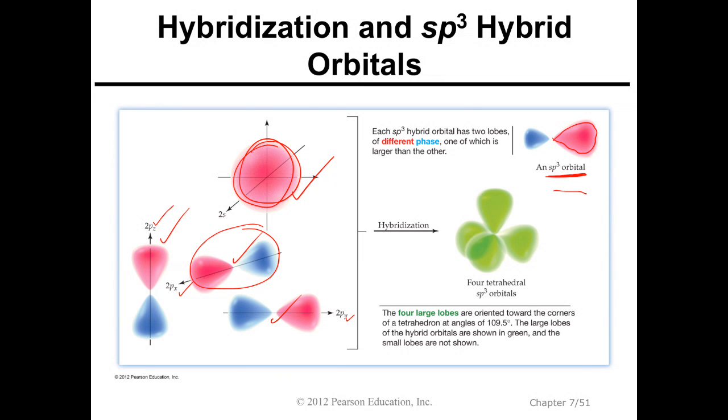Carbon's in the middle here, and each hydrogen comes and bonds to one of these sp3 lobes. Since this is a larger lobe, you have stronger bonding than if you simply overlapped with a p.